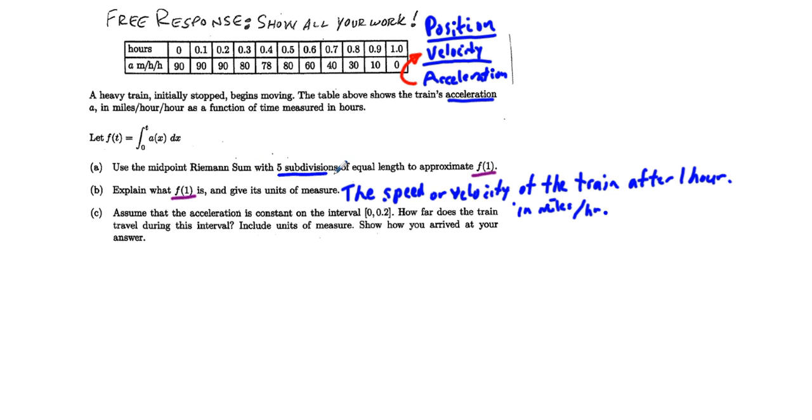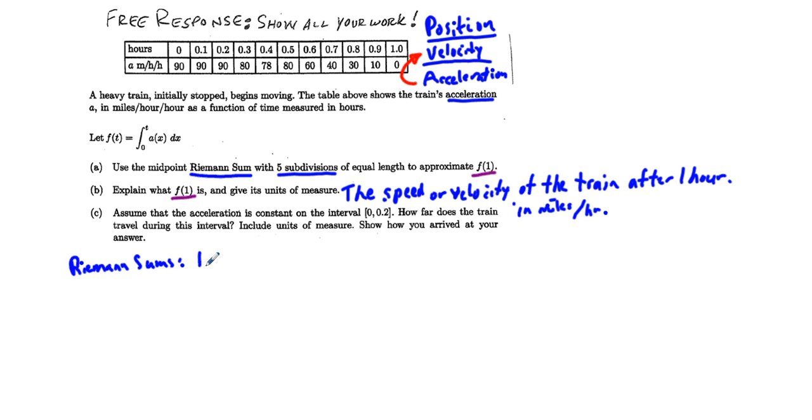asked to find 5 subdivision and a Riemann sum, and in AP Calculus, we're asked to do 2 kinds of estimates of integration, one of which is the 3 types of Riemann sums. So I'm going to go ahead and just list these just kind of as a review. Riemann sums.